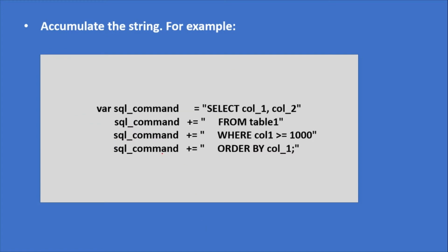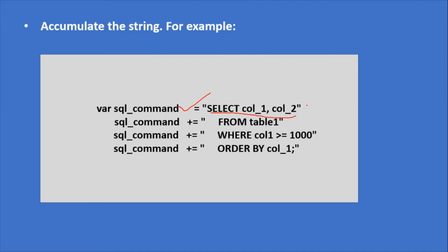And the third one is accumulating a string. For example, if you see here, the SQL statement is split into four lines, and each line is accumulated with whatever you have defined previously. Here, in the first step I have defined select and placed this SQL query. It's not the entire query, it is the first line: select column_1, column_2, and then a semicolon at the end of the line.